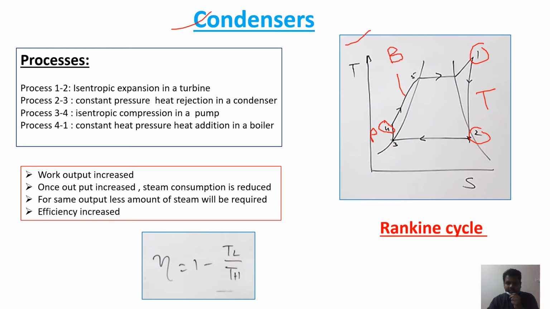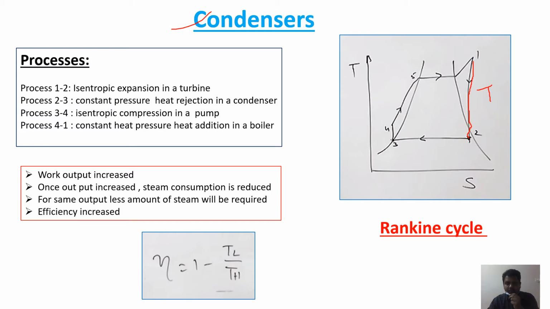These things we already discussed several times. Particularly in this chapter, we are going to discuss process 2 to 3, which is heat rejection at constant pressure in the condenser. The advantage of the condenser is that it will improve the efficiency, because in process 1 to 2, steam will expand.